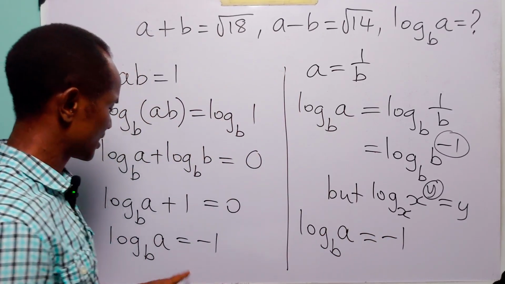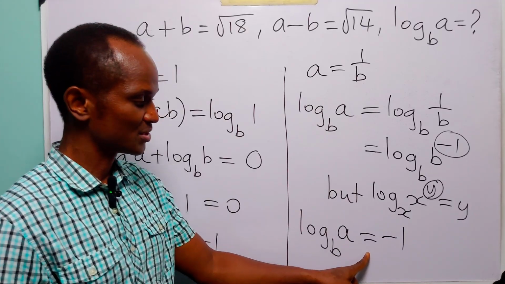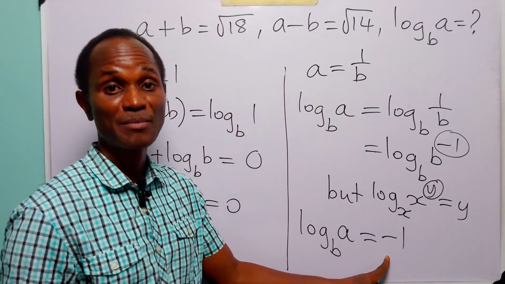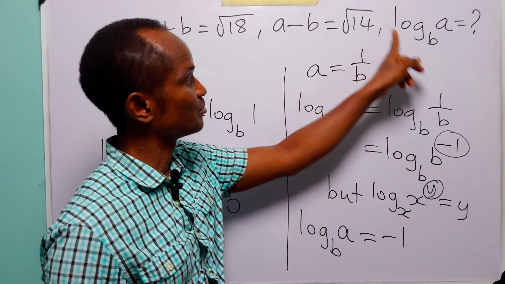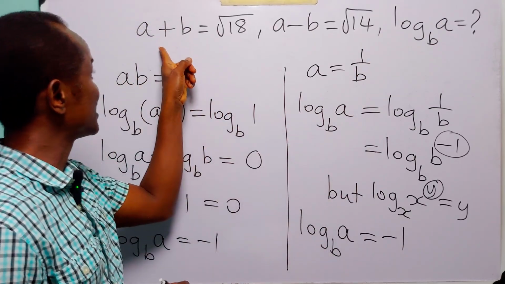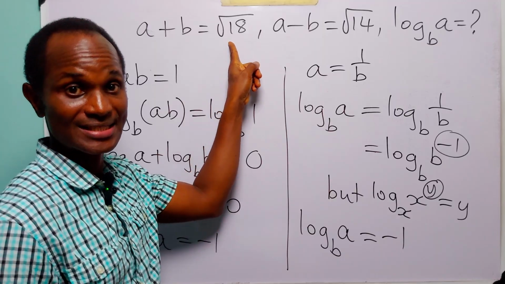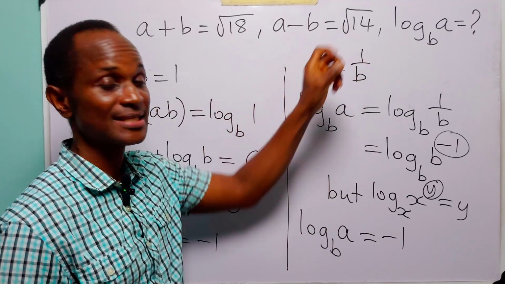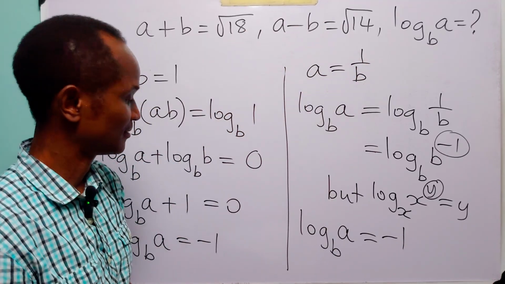So you can see that either of the two methods used yields the same answer. We have that log to base b of a is equal to minus 1 when a plus b is equal to root 18 and a minus b is equal to root 14.